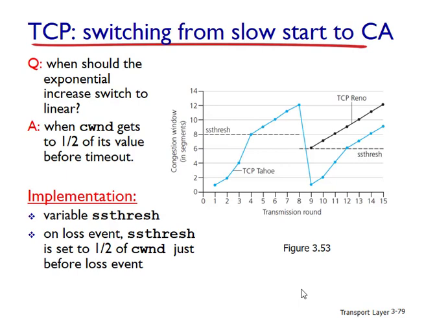Figure 3.53, as seen here, illustrates the evolution of TCP's congestion window for both Reno and Tahoe. In this figure, the threshold is initially set equal to 8 maximum segment sizes. For the first 8 transmission rounds, Tahoe and Reno take identical actions.